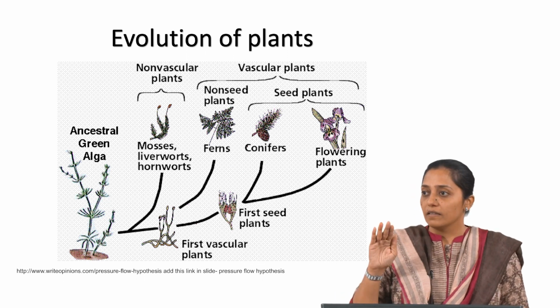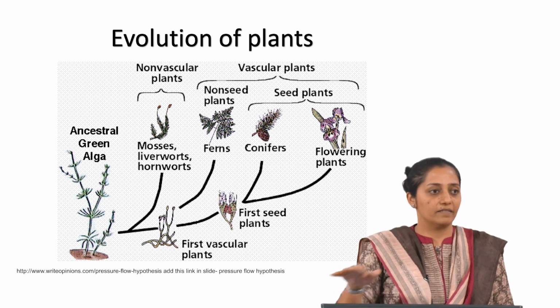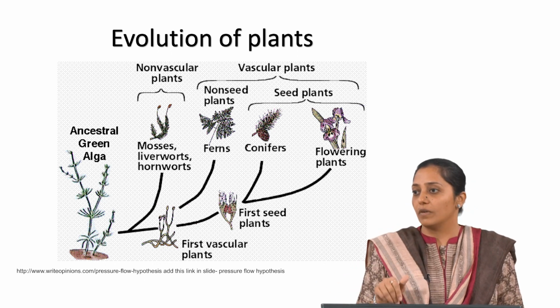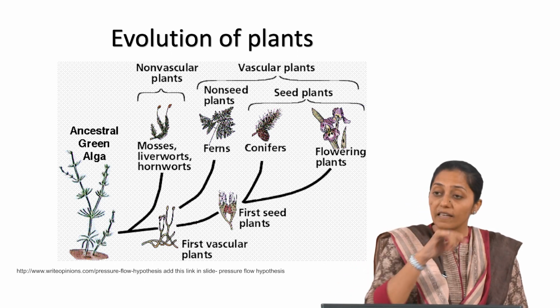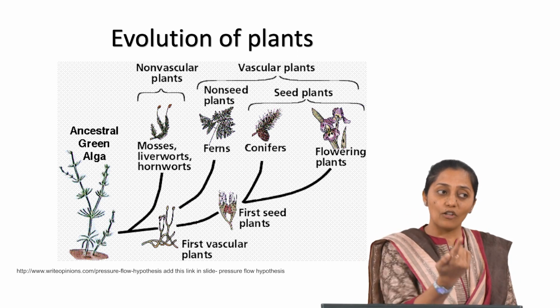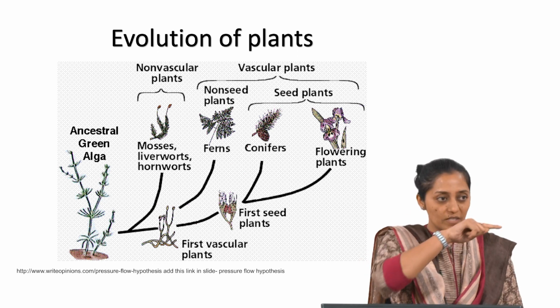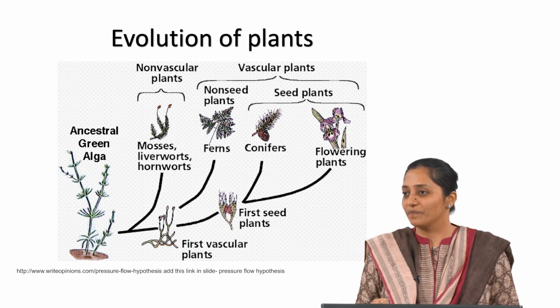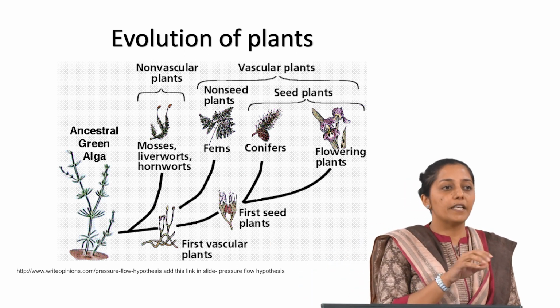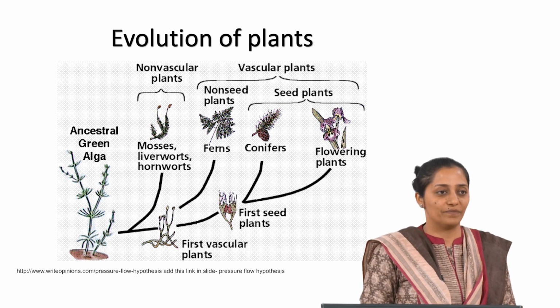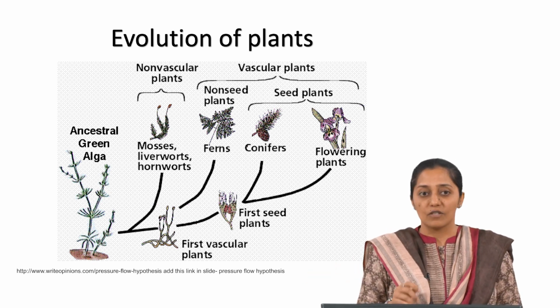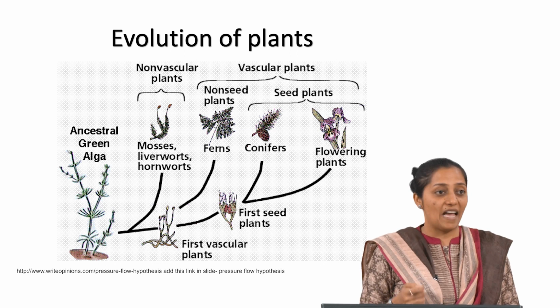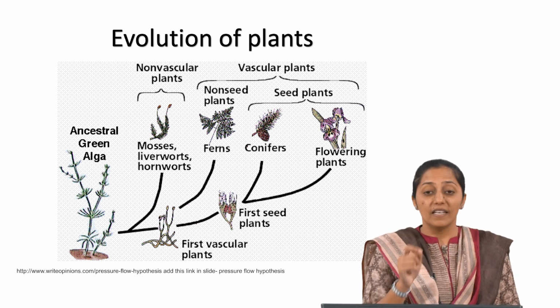So they will have to grow crawling at the level of the ground, and even at the level of the ground over long lengths they cannot survive, because then again the transport of minerals and water has to be longer. So therefore you will find them very close to water bodies where they can easily find it, for example mosses, algae, liverworts.